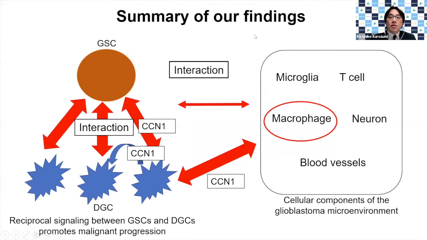Okay, so the summary of our findings: we found the interaction of GSC and DGC with macrophage and CCN1.